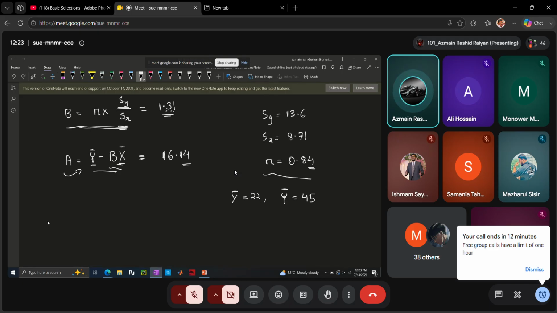From here we can write our generalized linear regression equation as y equals a plus bx. If I plug in the values, my a value is 16.14 plus 1.31 times x. So this is my equation: f of x is 16.14 plus 1.31x.